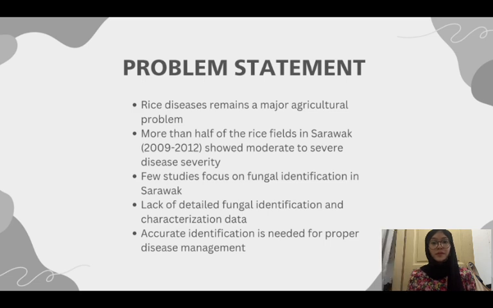So, this brings us to the core issue. Rice disease remains an ongoing major agriculture hazard. Historical data spanning from 2009 to 2021 indicates that more than half of the rice fields across Sarawak exhibited moderate to severe disease intensity. Yet, despite this widespread severity, very few studies have specifically focused on comprehensive fungal identification within the local ecosystem of Sarawak.